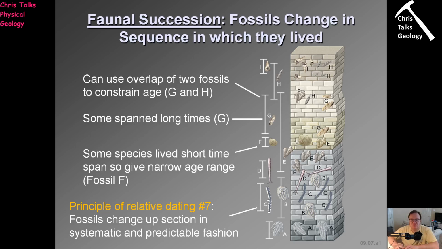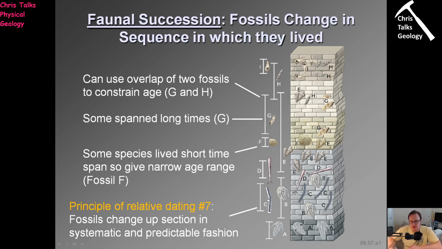So the first thing we need to discuss before we do that is the final principle of relative dating, and that's the principle of faunal succession. The principle of faunal succession simply states fossils change up section in a systematic and predictable fashion. That means that fossils occur in a set order.